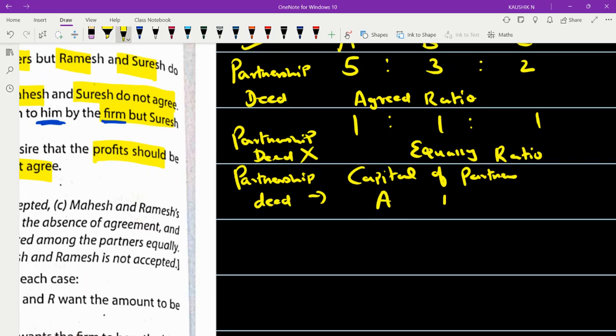Accordingly, for A, B, and C, A's value is marked as 2 lakhs, B's value is marked as 3 lakhs, and C's is marked as 1 lakh. Now, in the partnership deed, it is mentioned that the partners have agreed to share the profits and losses in the ratio of their capital. So in the partnership deed, it is mentioned as in ratio of capital.